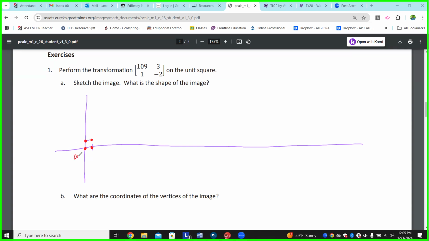Again, those are the points 0, 0, 1, 0, 1, 1, looks like a little smiley face, and then 0, 1. These points just come from previous lessons that we kept on playing with. We want to take each one of those corresponding coordinates and multiply it by this transformation to determine what the new shape is.